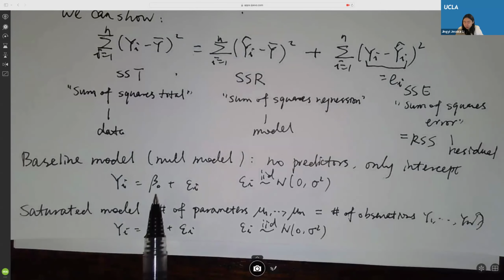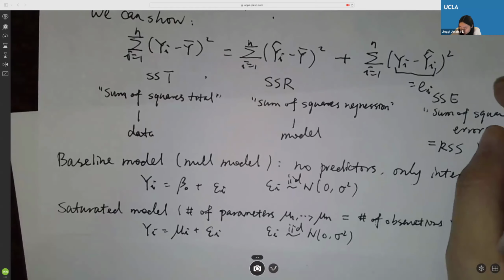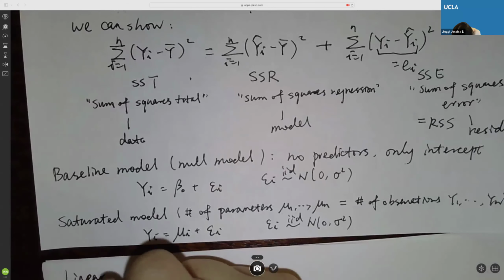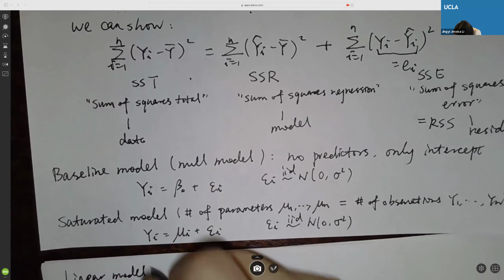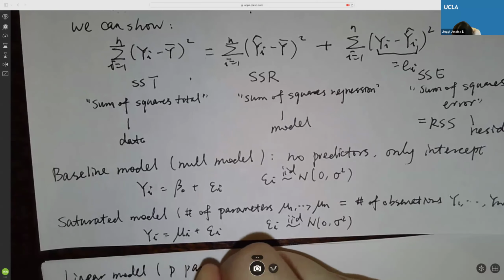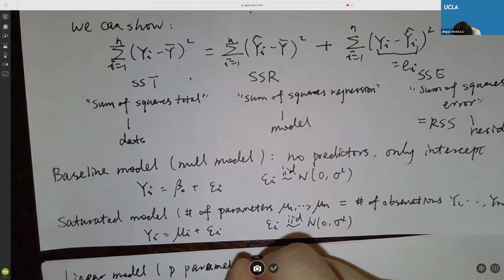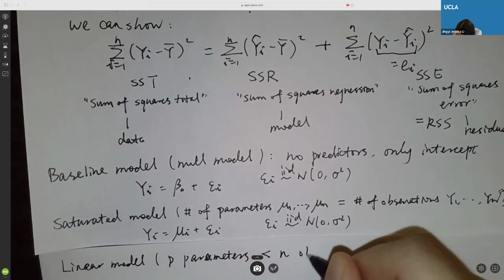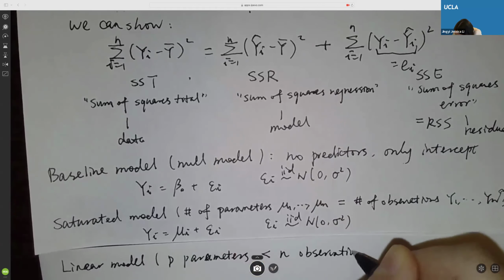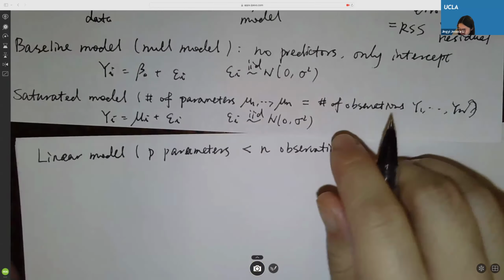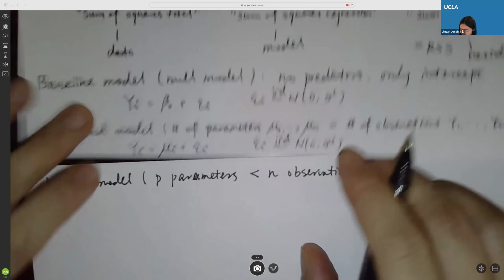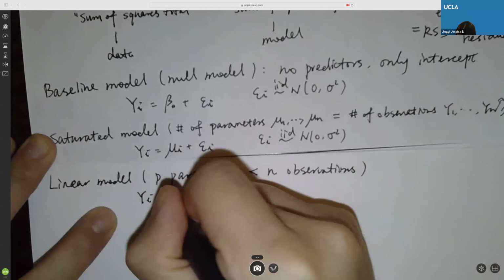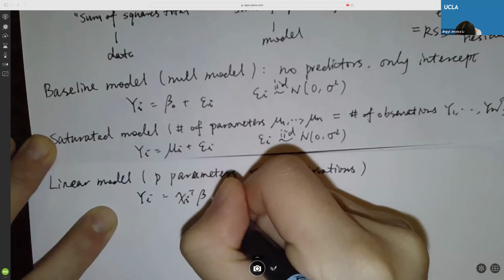Previously in the linear model, if we write it this way, we have p parameters, and p in the classical setting is less than n observations. So we have more observations than parameters, right? In the linear model, if I still use the same format to write down my yi, it's yi equals xi transpose beta plus epsilon i.